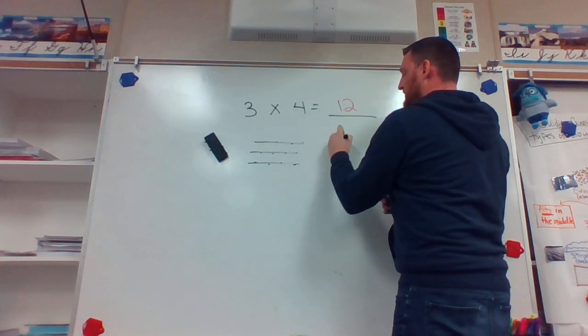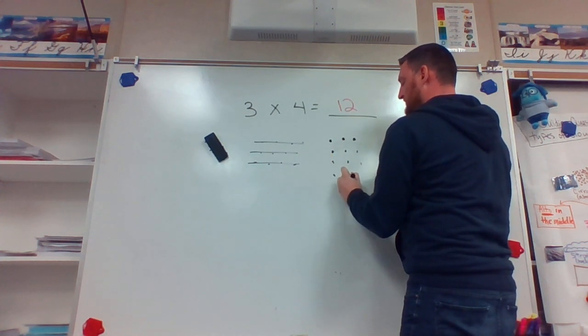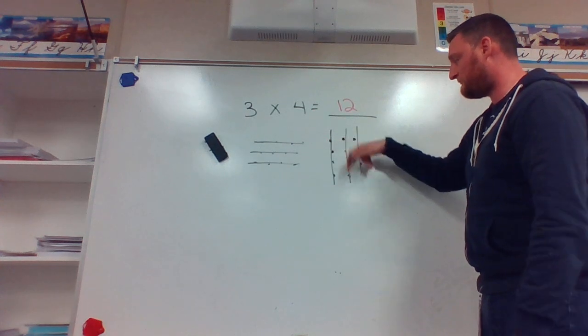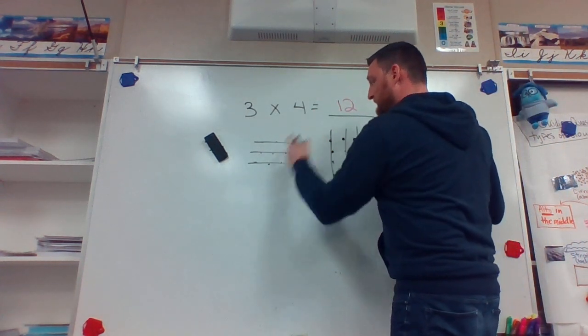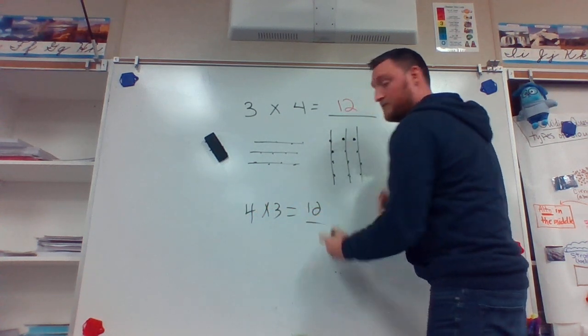This can flip, like this. So I still have my groups of 4 and 3, 3 and 4. So basically 3 times 4 is the same as 4 times 3, which is equal to 12.